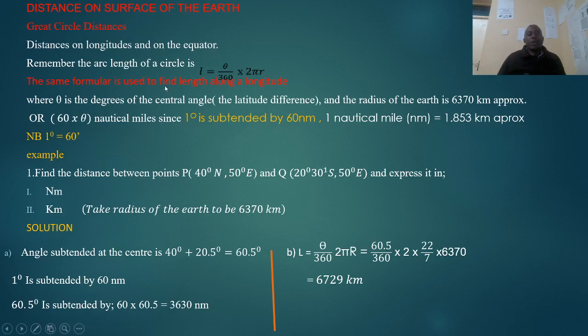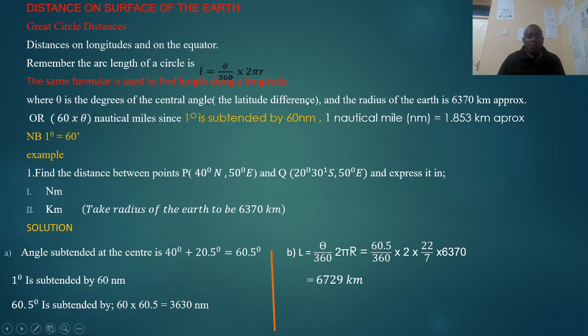The same formula will be used to find the length along a longitude or great circles. But in this case, theta is the degree of the central angle, that is the latitude difference.